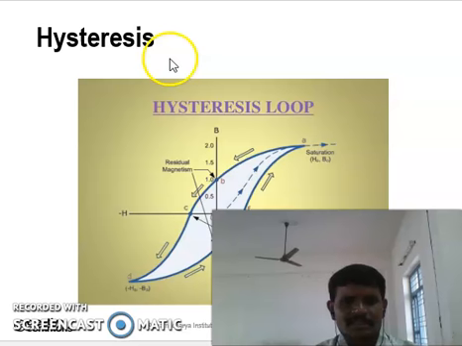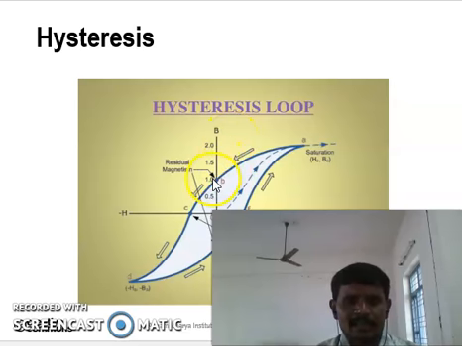So this hysteresis phenomenon is explained with the magnetization and applied magnetic field. That is simply called the B.H. loop. The lagging of magnetization behind the applied magnetic field is called the B.H. loop or B.H. curve.